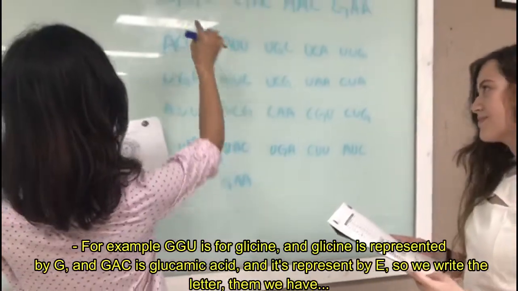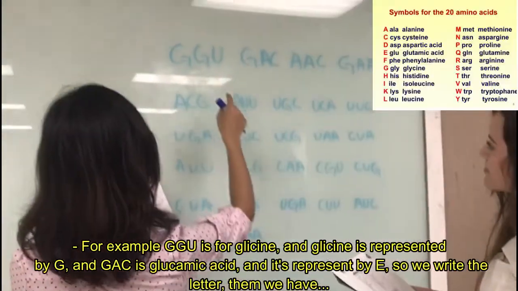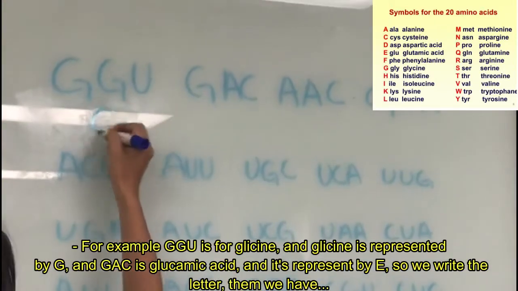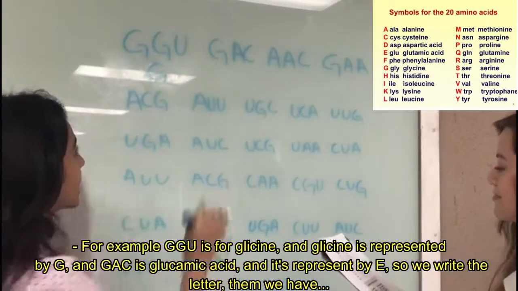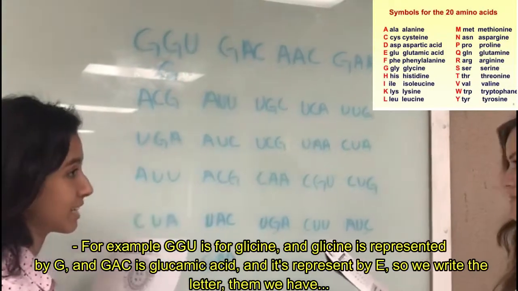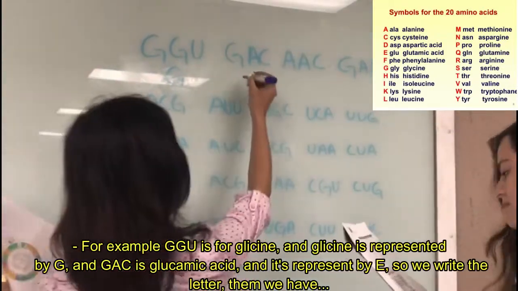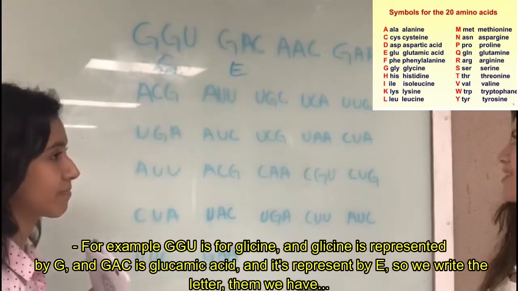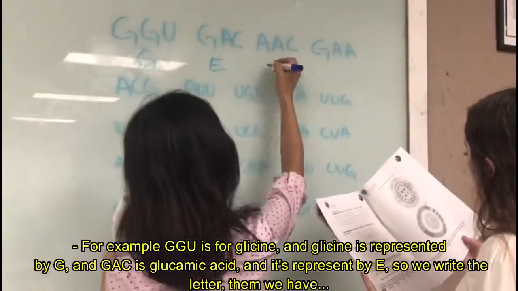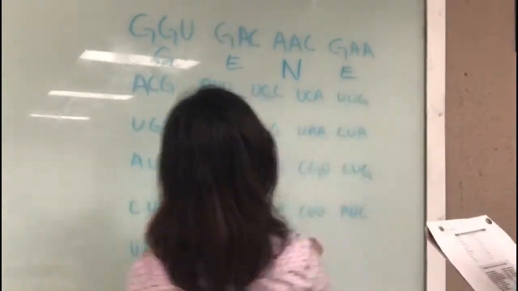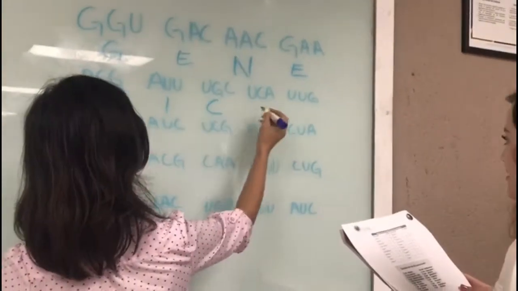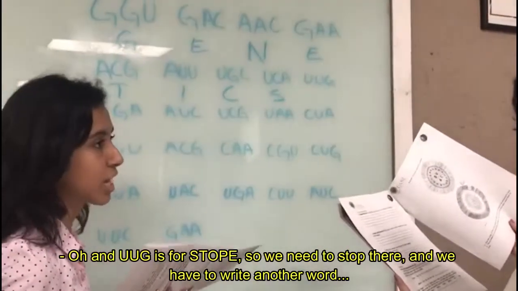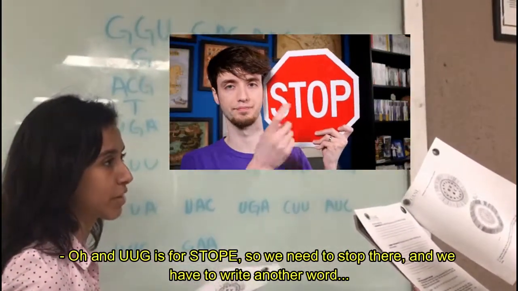For example, GGU is for glycine, and glycine is represented by G. And GAC is glutamic acid and represented by A. So we write the letter. Okay. Then we have UUG, which is for stop. So we need to stop there.